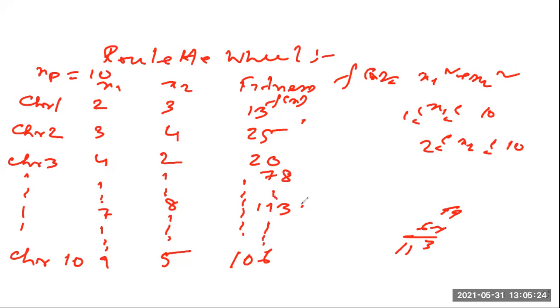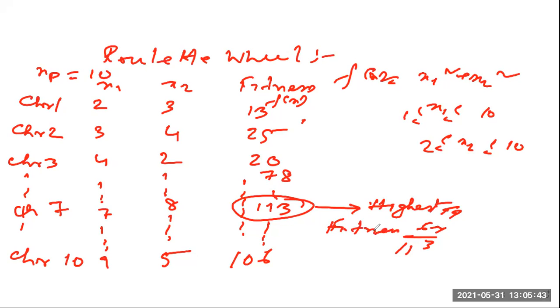Now, out of these, this is the highest one. So this is the chromosome, let us say chromosome 7. Chromosome 7 has the highest fitness value. So if chromosome 7 has the highest fitness value, we'll select that particular chromosome.